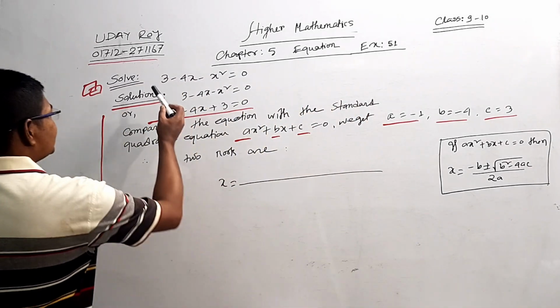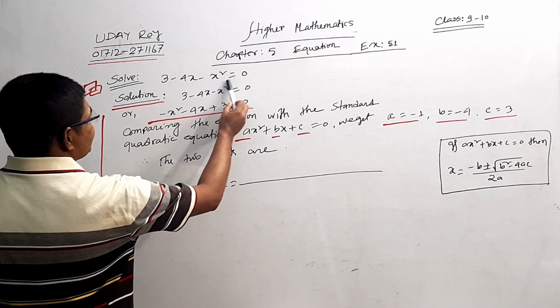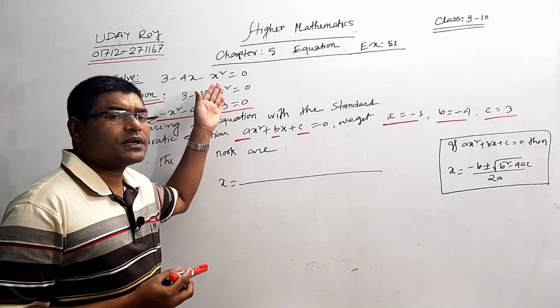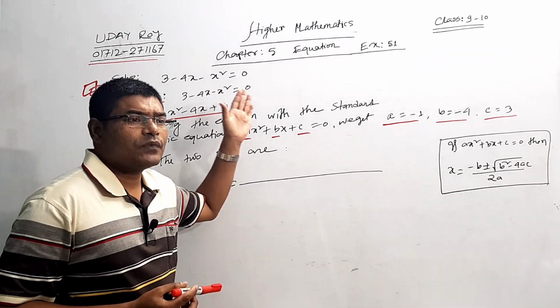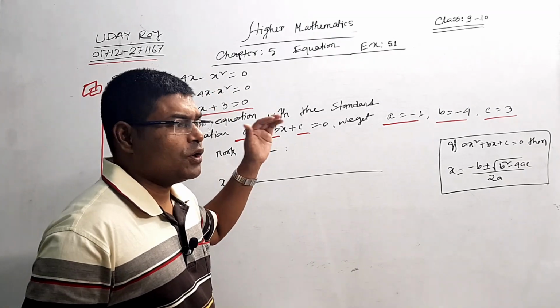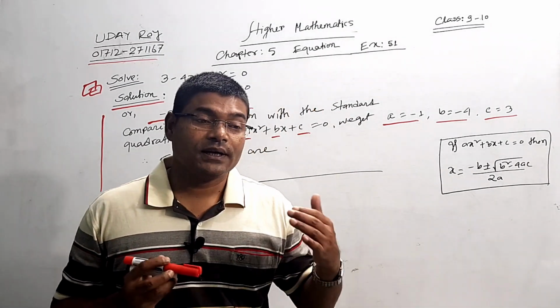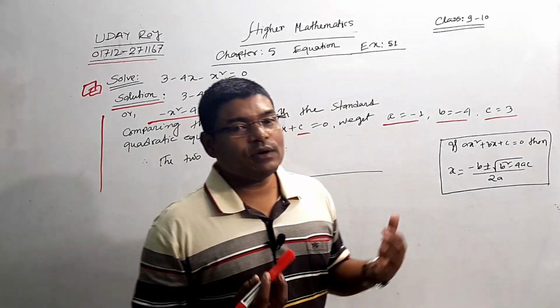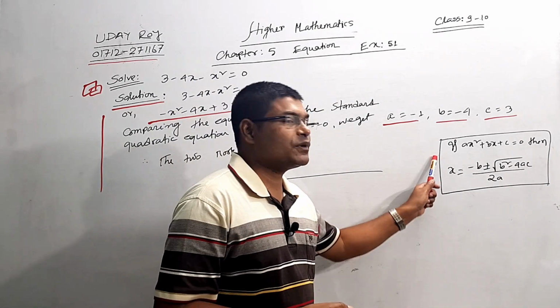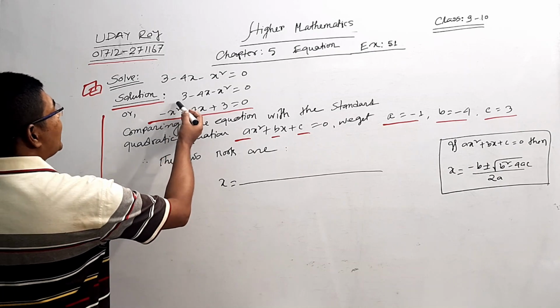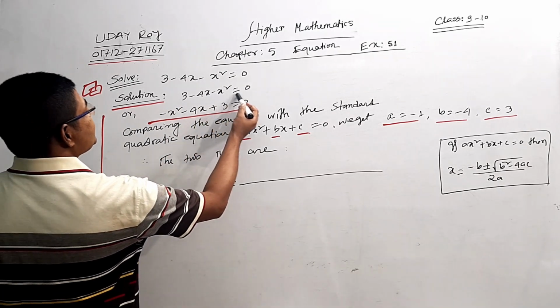Solve the equation 3 minus 4x minus x square equal to 0, using the quadratic formula. If you see solve the equation by using formula, then you have to use this method. Be careful. At first you have to write 3 minus 4x minus x square equal to 0.